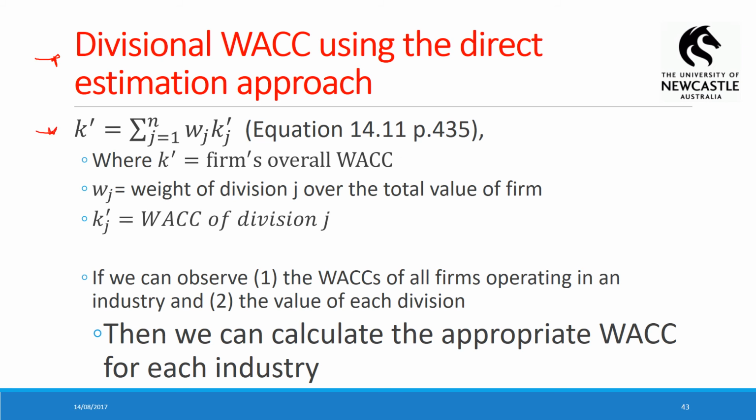We make an assumption here. Our assumption is that the total firm's cost of capital is simply the weighted average of the divisional costs of capital, right? So these are the divisional costs of capital, where the weight is given by the value of the division over the total firm value, right?